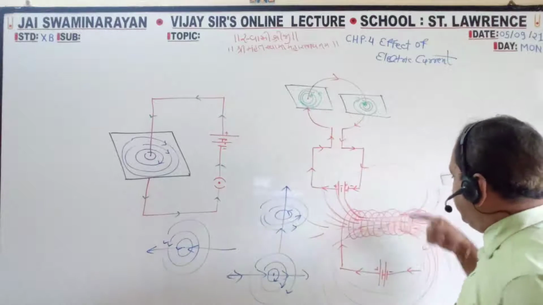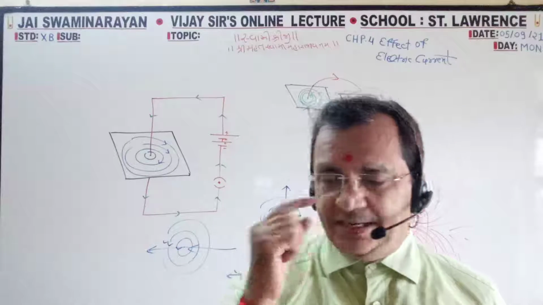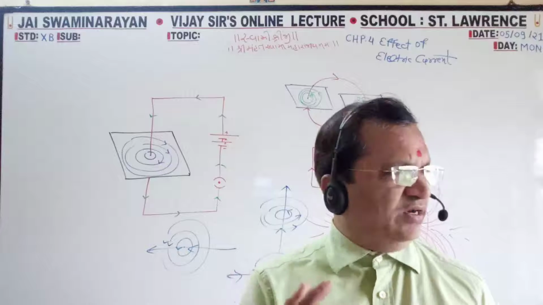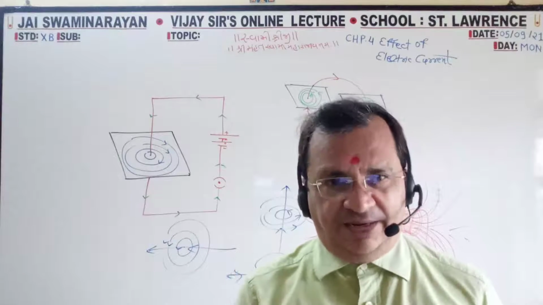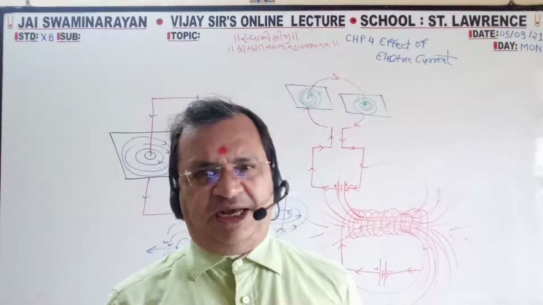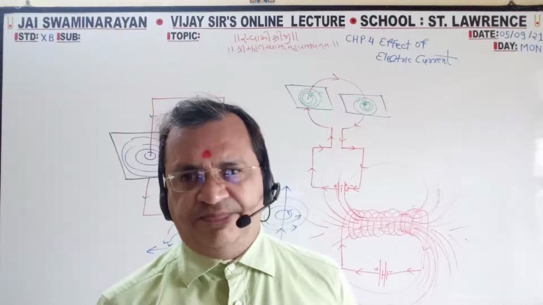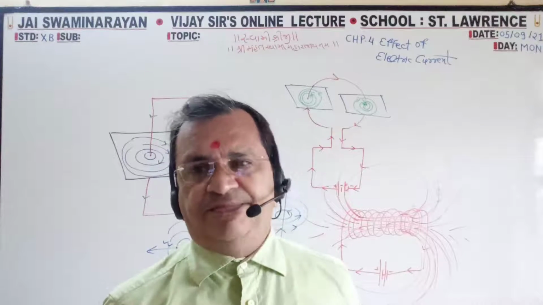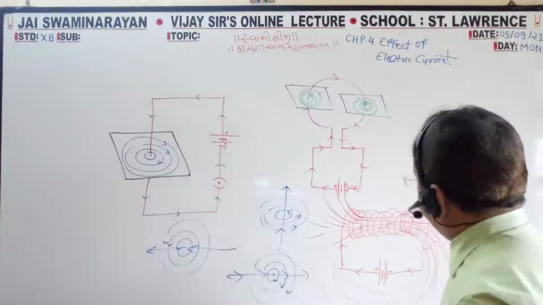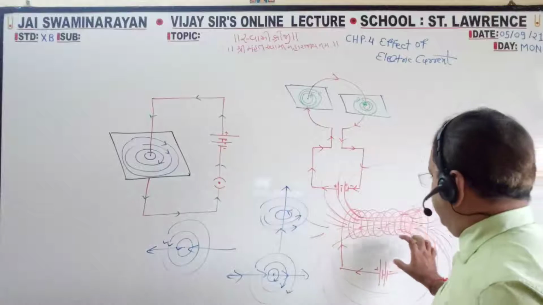Now multiple loops. There are lots of loops of copper wire, that is a solenoid. Generally we call it a coil. Sometimes during repairing, the technician will tell you, beta iska coil jal gaya hai. So this is a coil, a solenoid.